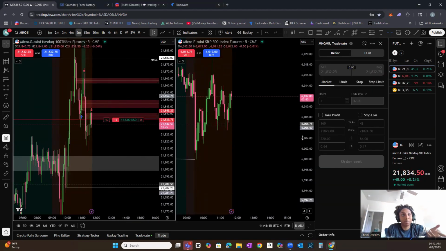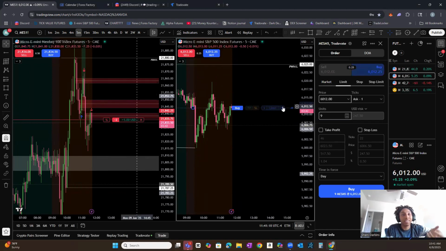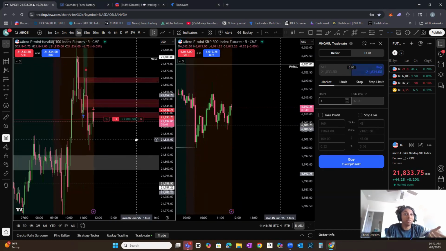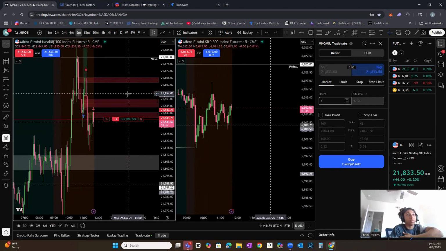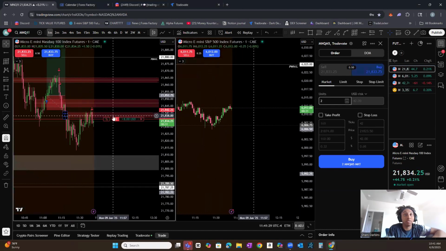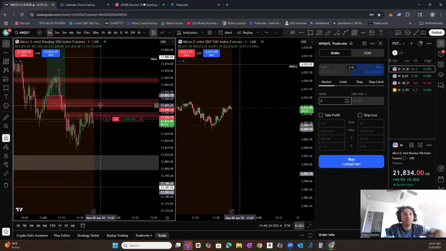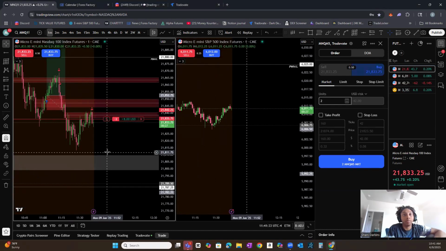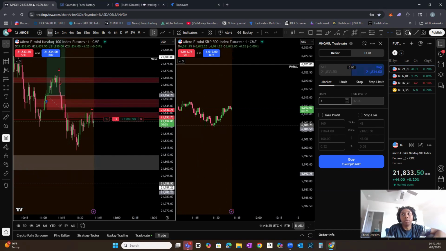I mean, I didn't enter another one. It's got to be really bad or really, really wrong. Why we tapped into this 5 minute, we're respecting it. We have yet to inverse this 1 minute fair value gap. I like it. I think I'll probably go break even at these lows if we hit the lows again.